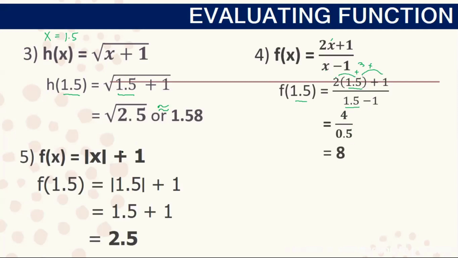Number 5, f of x is equal to the absolute value of x plus 1. So look at this pair of parallel lines. This sign is for the absolute value of a number. Ano ba ang absolute value? For sure, most of you, or I think all of you, are already aware what an absolute value is.